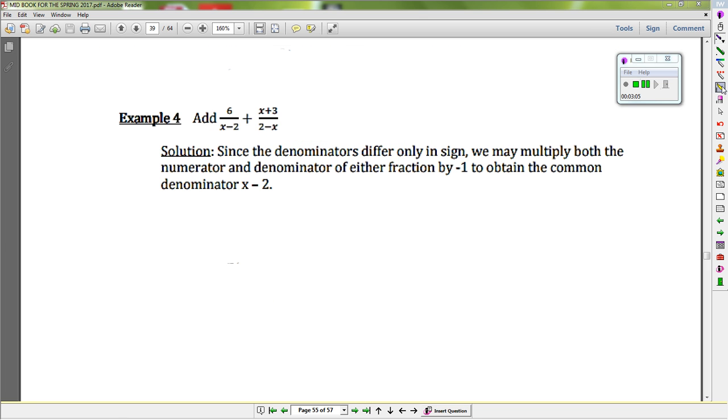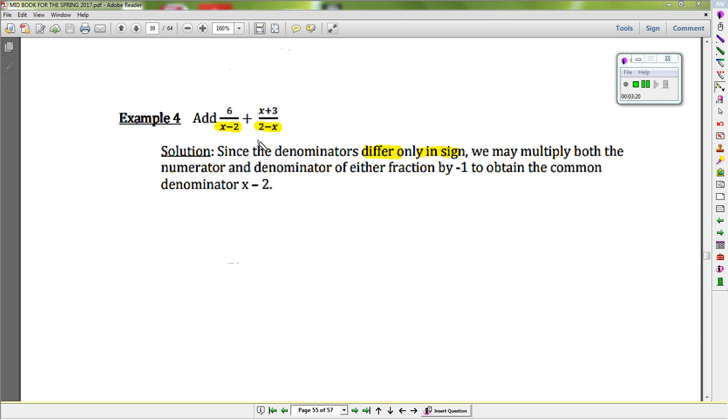So now in our denominators we have x minus 2 and 2 minus x. Now you can see right here that the two denominators almost look the same. They differ only in the sign.